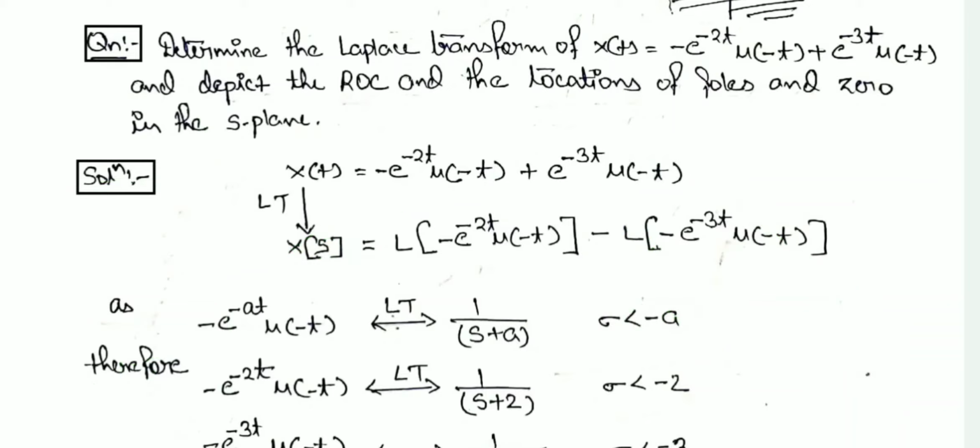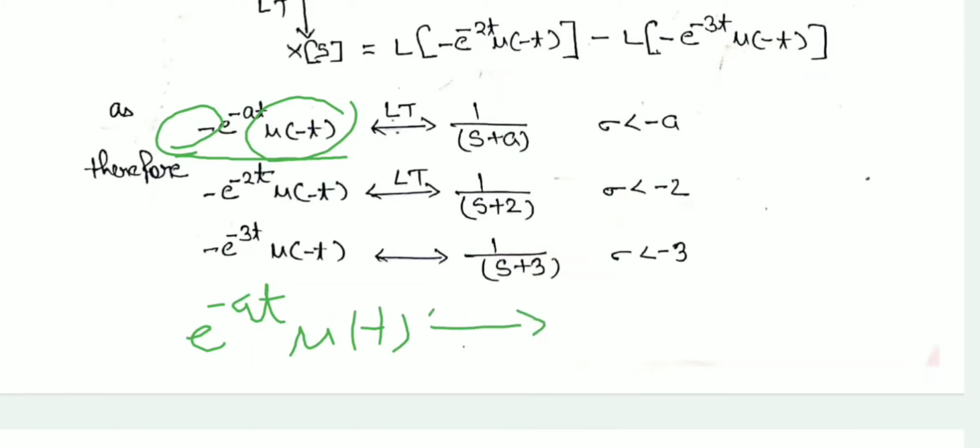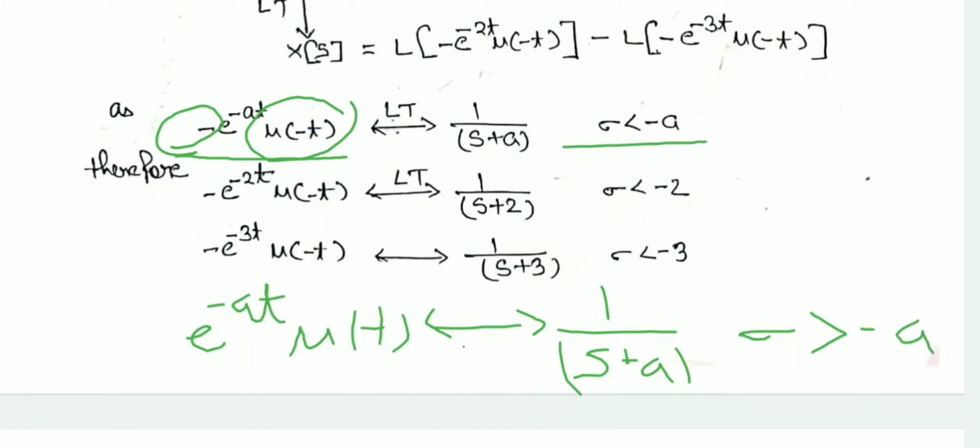We have already solved this type of question. The Laplace transform of minus e to the power minus at u(minus t), with both minus signs, is similar to that of e to the power minus at u(t), and the Laplace transform of both signals is the same. The only difference is the ROC. For this signal the ROC is greater than minus a, but for the other it is less than minus a.